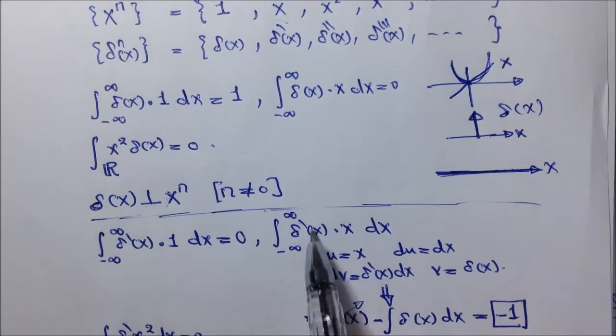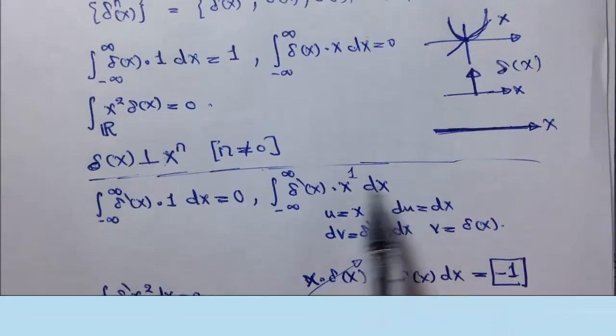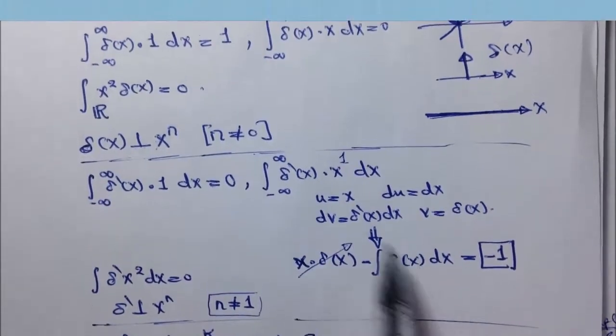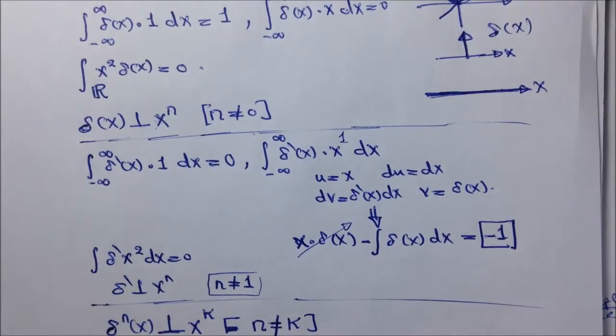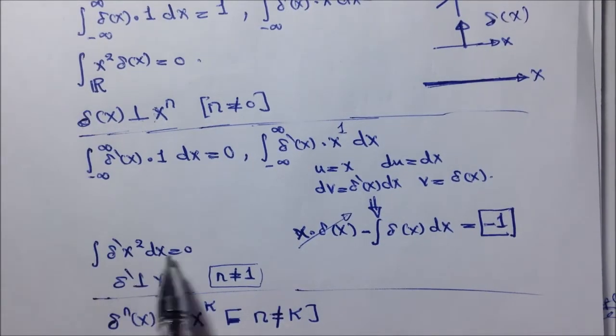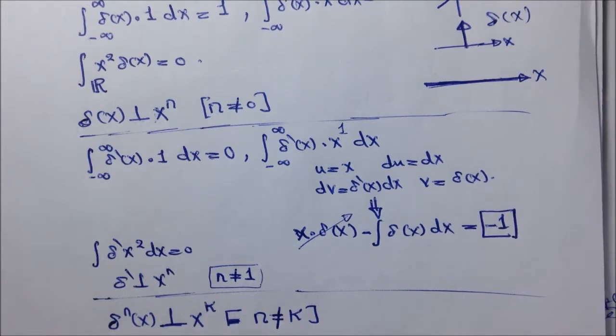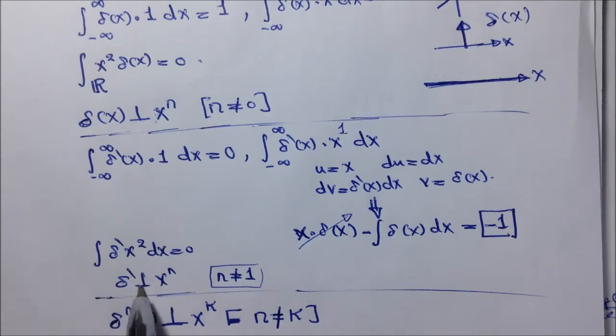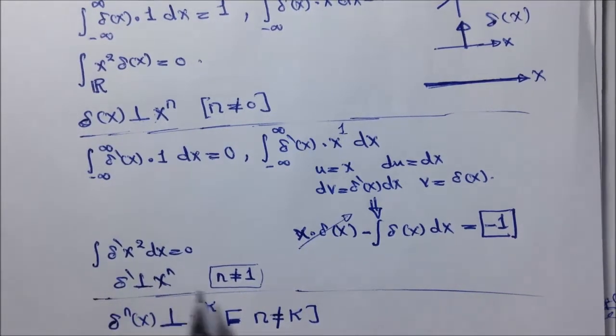Then we have delta dash with x to power 1. By applying integration by parts, we can easily find the result of this integration: minus 1. And then the correlation between delta dash and x squared will be 0. You can check that. So in general, delta dash is orthogonal with x to power n except for n equals 1.